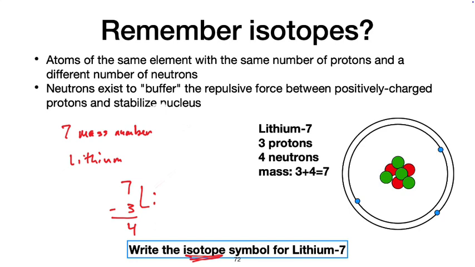Genuinely don't know if that's true. But it looks like it, doesn't it? You laugh like it's... come on, it looks cool. Make sense? This is now our nuclear notation or our isotope symbol. Okay? Make sense?